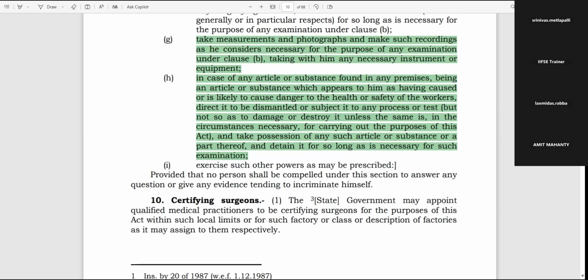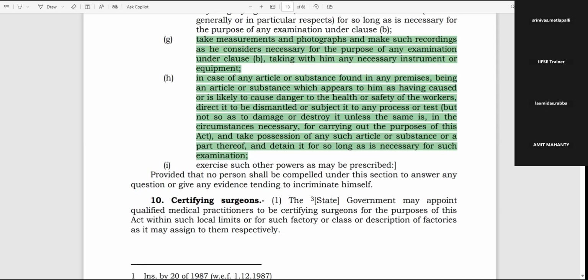Then other powers, in the case of any article or substance found in any premises, being an article or substance which appears to him as having caused or likely to cause danger to the health and safety of the workers, direct to be dismantled or subjected to any process or test, not to be damaged or destroyed unless the same is in the circumstances necessary for carrying out the purpose of this act.